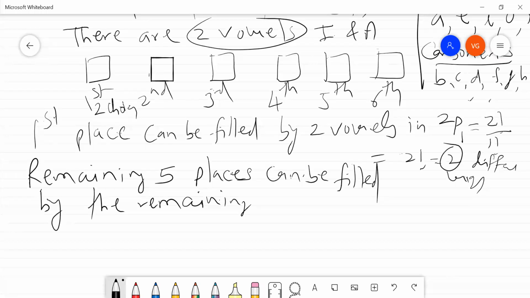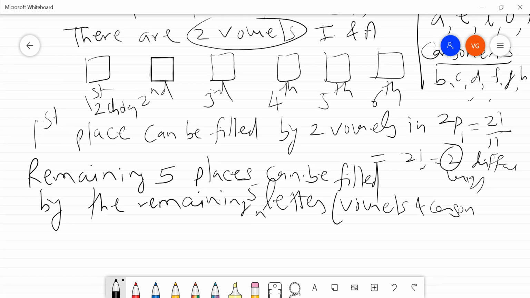One has come here, from I and A, one. So the remaining 5 places can be filled by the remaining 5 letters. Maybe vowel or consonant, it can be anything. In how many ways? In 5P5 different ways.